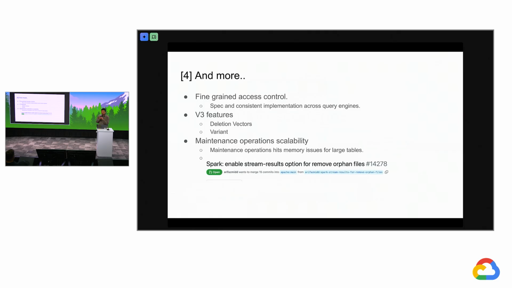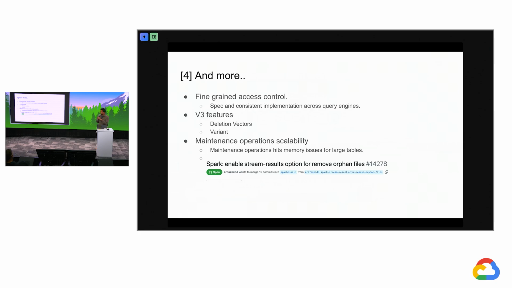So that is at a very high level what fine-grained access control is. And this is important for us from a PII standpoint. And I see that there are proposals for this already. This is something that we are looking forward to.